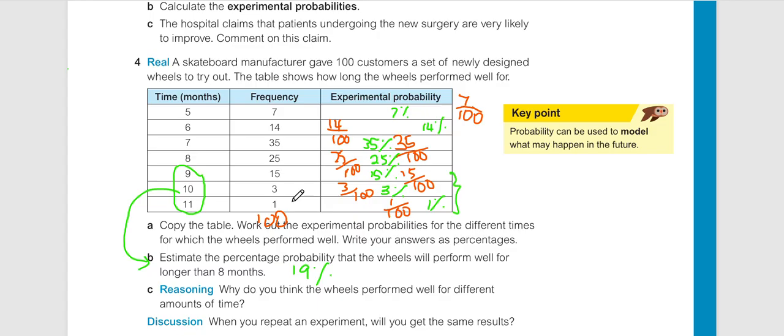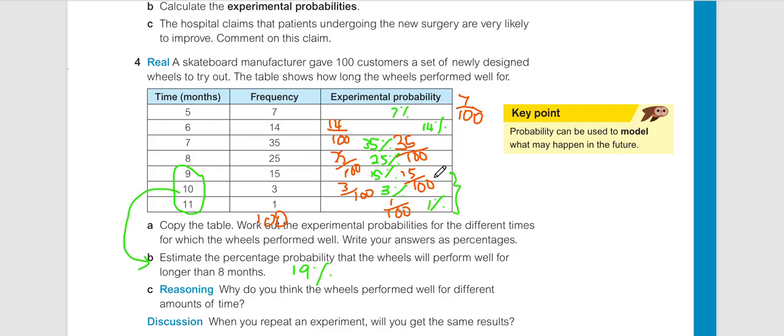Okay, part C, reasoning. Why do you think the wheels performed well for different amounts of time? These are skateboards, so maybe these frequencies change due to the types of surfaces where they use them, right? So you can give a reasoning like that.